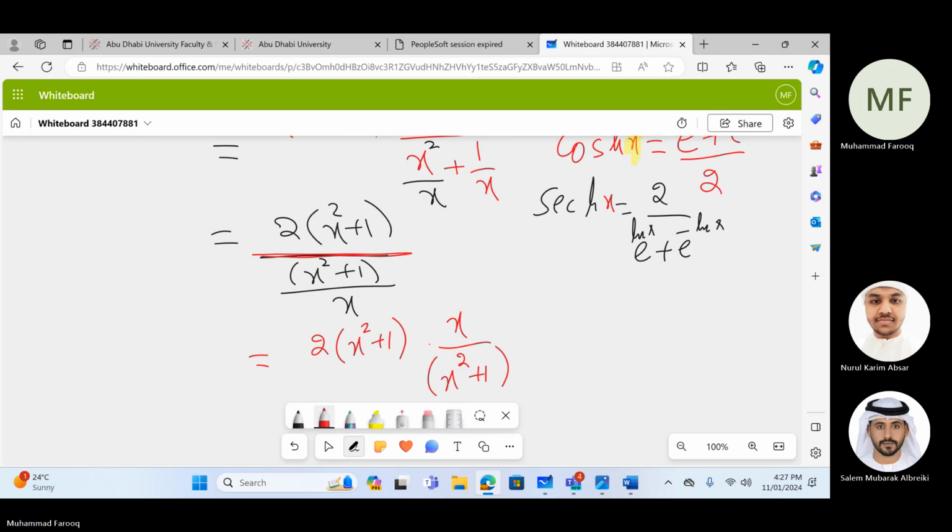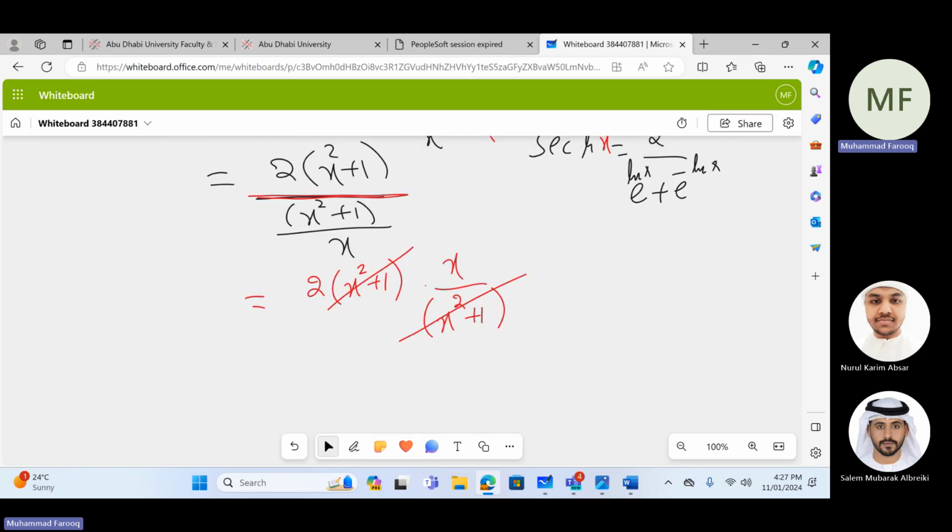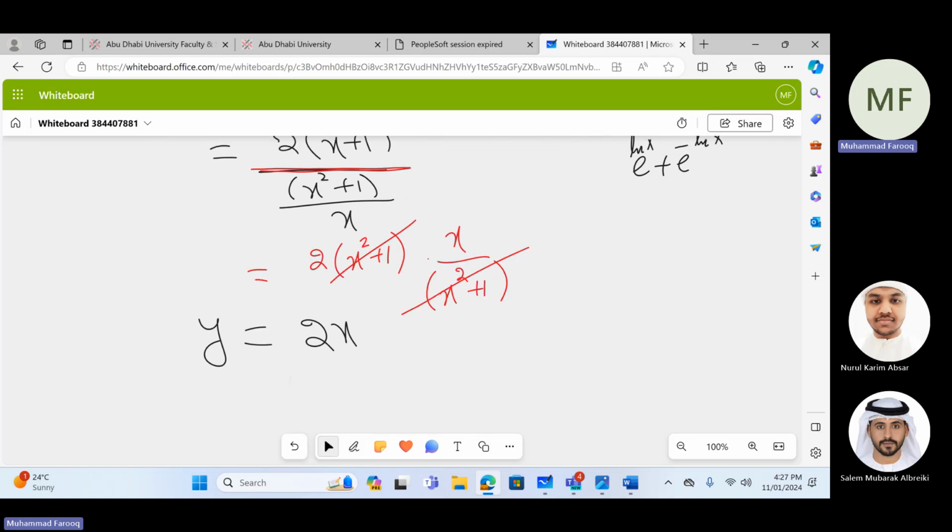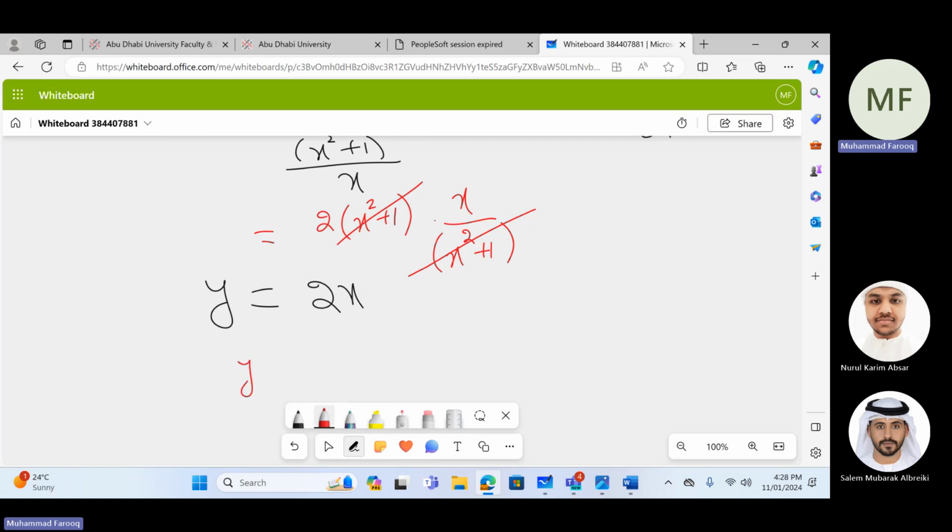What will happen? The x squared plus 1 cancels. So what are you getting finally? 2x. What is the derivative of 2x? 2. So if you use the property in this case, the derivative is nothing, it's just y prime is 2. That's it. So y prime is 2.